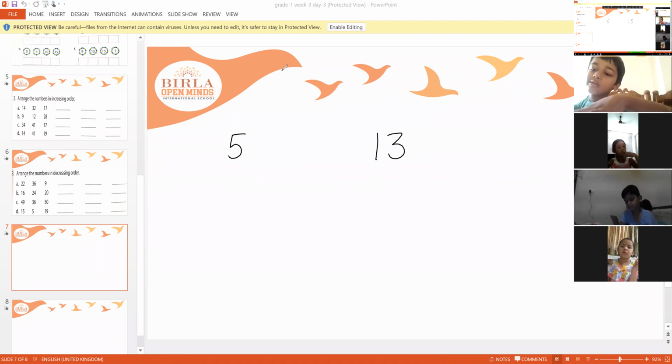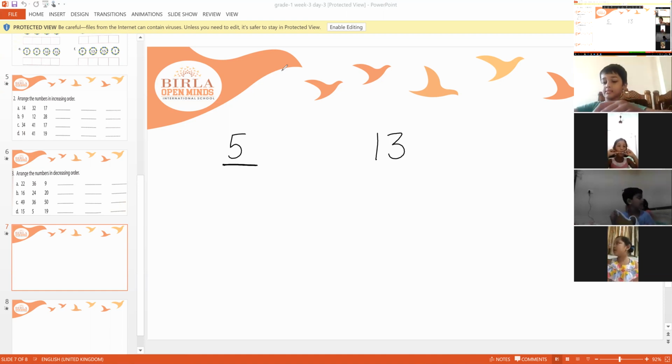So we have first number 5 and the next number is 13. Now children, I want to compare these two numbers. First number is 5 and second number is 13, and I want to find out which number is smaller and which number is greater.